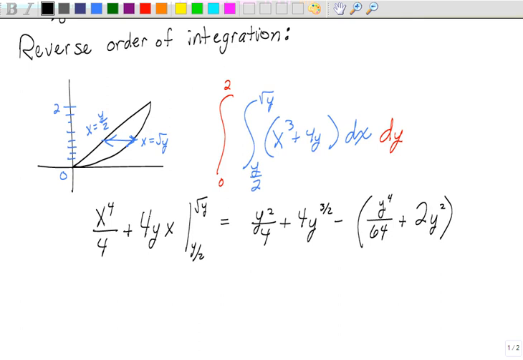Okay, so that's going to be minus 7/4 y squared minus y to the fourth over 64 plus 4y to the 3 halves. We're going to integrate that with respect to y.